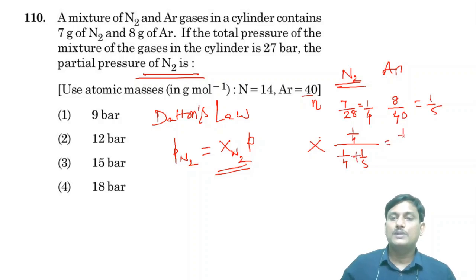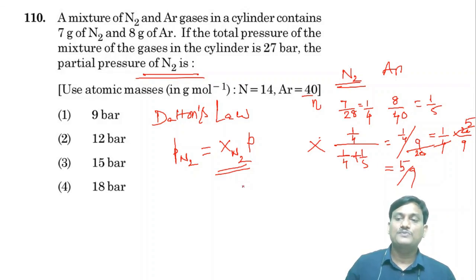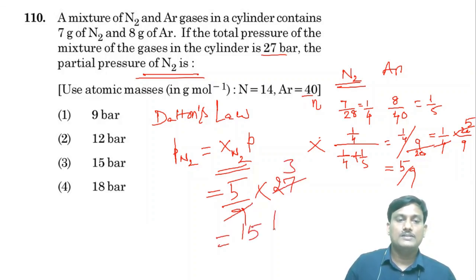That is 1 by 4 divided by 9 by 20. So the mole fraction of N2 is 5 by 9. And what is the total pressure? 27 bars. So 9 threes, and it will be 15 bars. What is the answer? This is 15 bars.